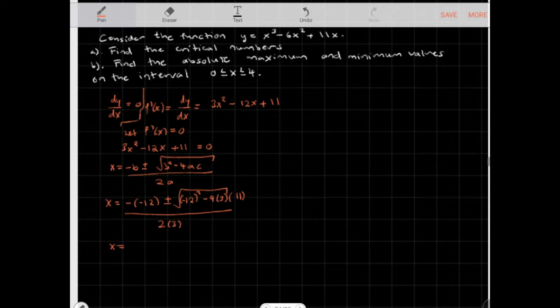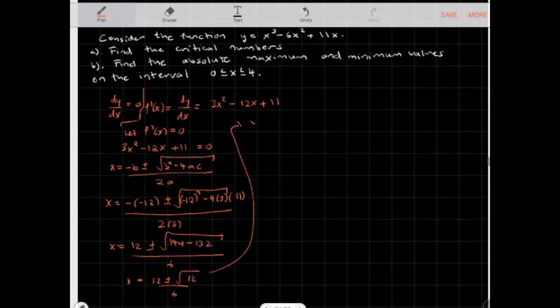So you get 12 plus or minus the square root of 144 minus 132, divided by 6. So I get 12 plus or minus the square root of 12, over 6.